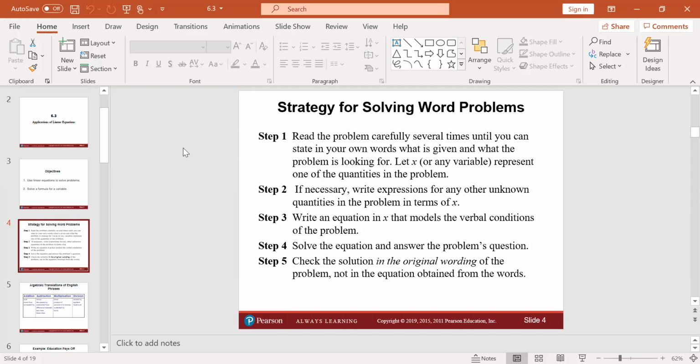And then almost always, for our purposes, especially in this section, you're going to let X, or really any variable, you can use Y, you can use Z, you can use W, you can use L or K if you want, represent one of the quantities in the problem. It's just that simple. And then if necessary, if you have any other unknown quantities, see if you can write them in terms of X, meaning see if you can exploit a relationship between the variable you're calling X and other things in the problem that you would normally assign a different variable to.